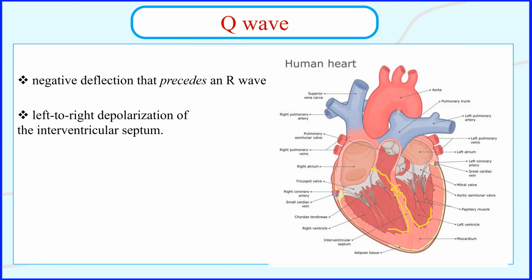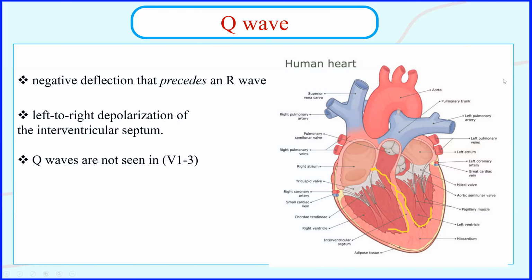So the muscle of the septum will contract in a unique way, in which the left side of it contracts first, and the electricity will shift from the left side of the septum to the right of the septum. This electricity movement from the left to the right side of the septum will give me the Q wave.